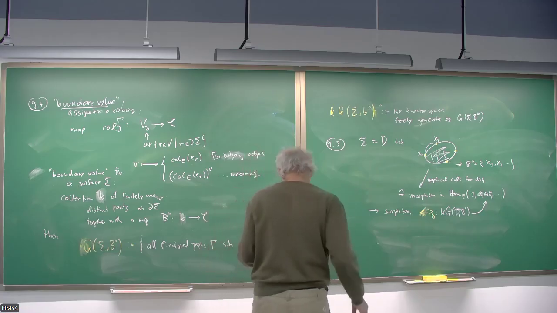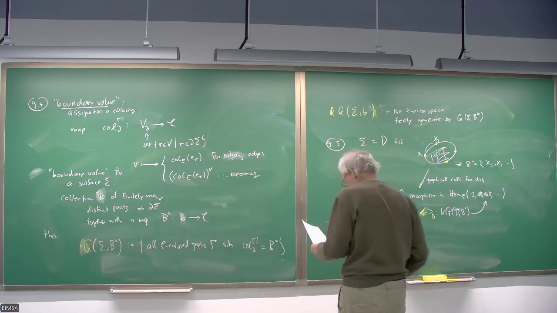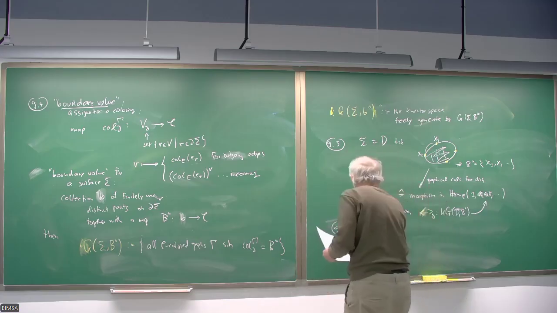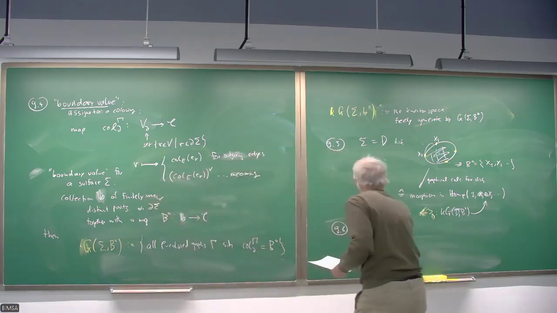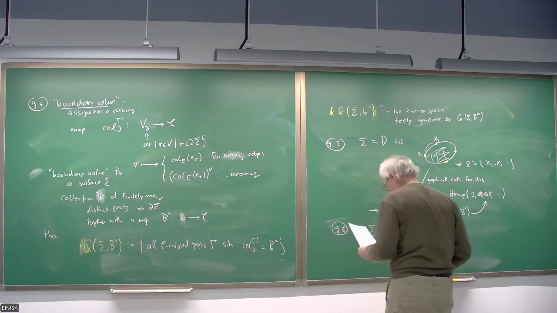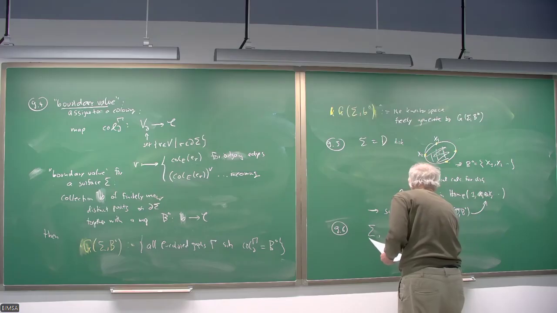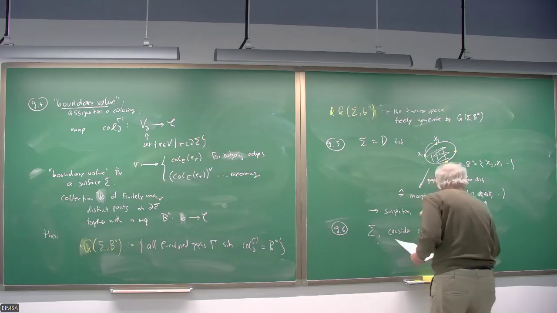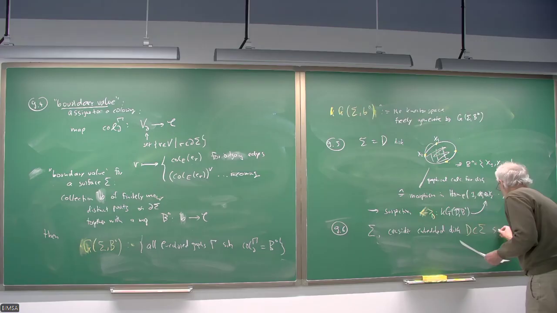And now the idea is to extend this to arbitrary surfaces. Take some surface sigma, and we consider an embedded disk D such that it doesn't touch the boundary.